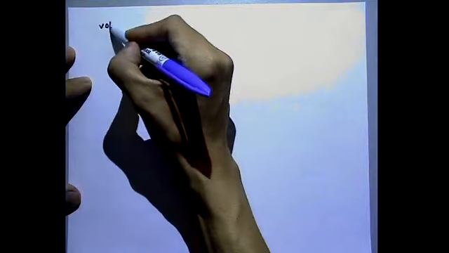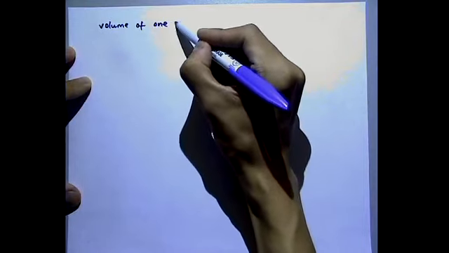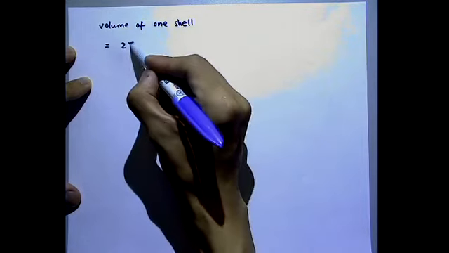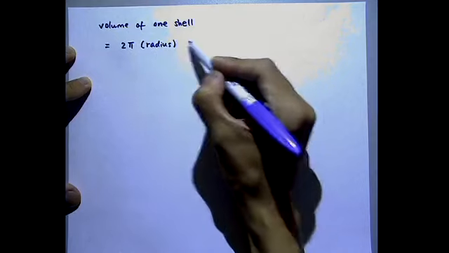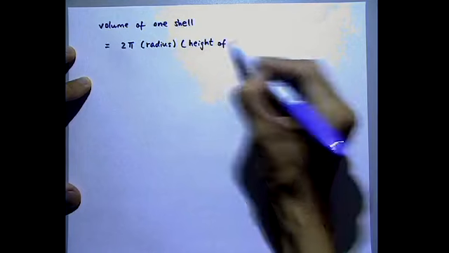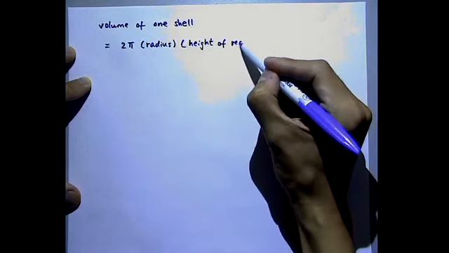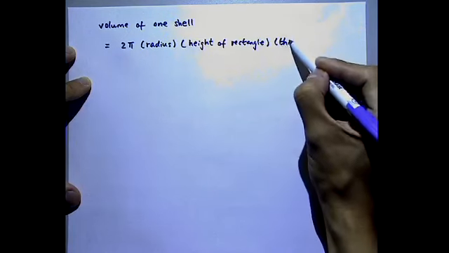So here is the key thing we need to remember. Volume of one shell is equal to 2 pi times the radius times the height times the thickness.